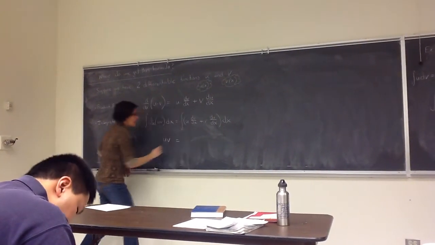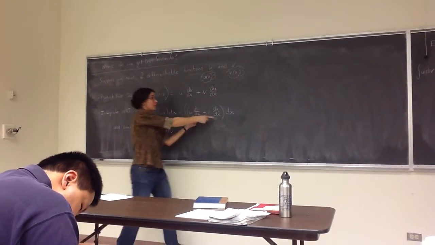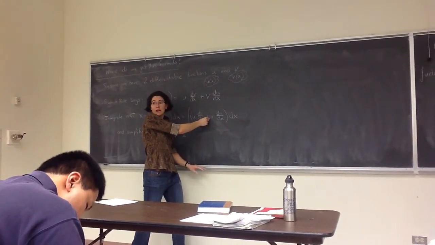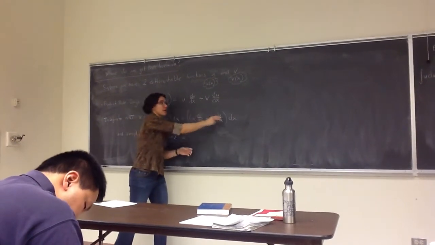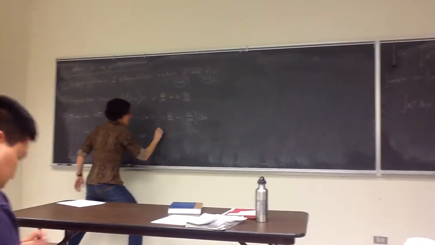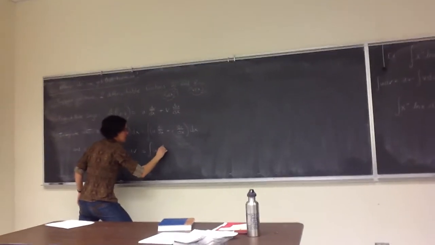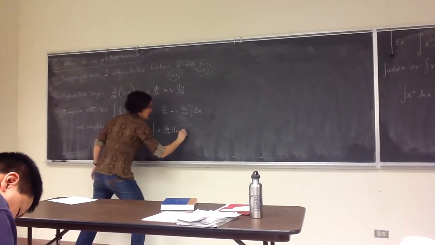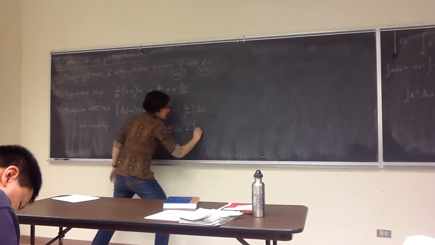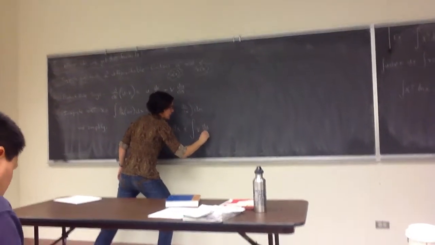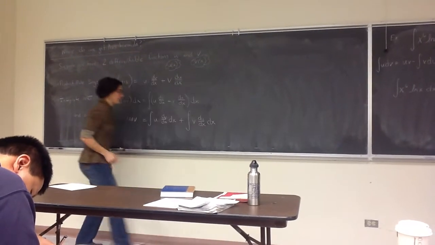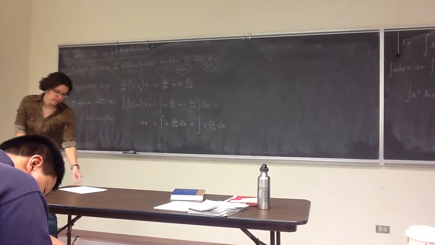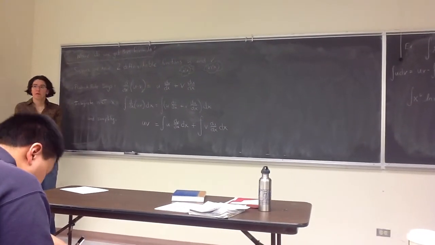Over on the right side, I have two separate functions inside the integrand that are combined with a plus sign, which means that I can separate this into two separate integrals. So I've got the integral of u times dv over dx times dx plus the integral of v du over dx times dx.